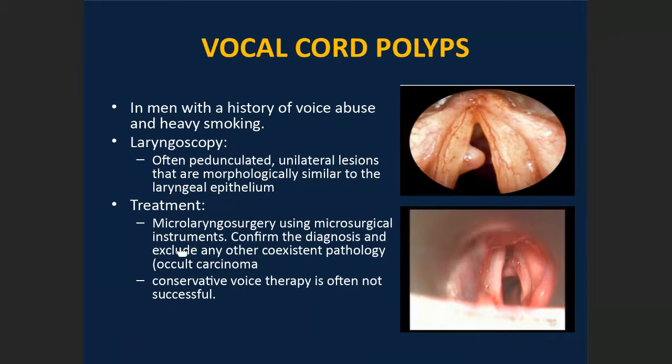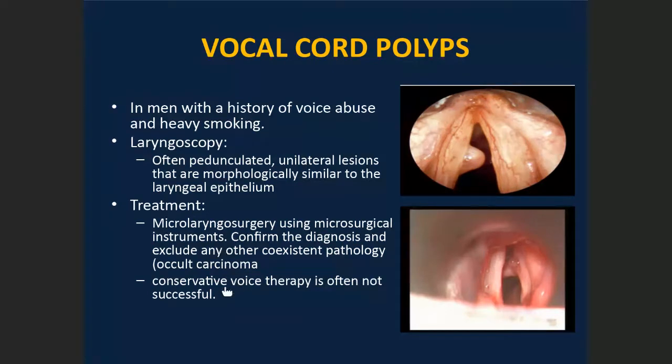Treatment: speech therapy is often not successful, although you can send the patient to voice therapy. The main treatment is microlaryngeal surgery using instruments to excise the polyp. So the management is the same as for the focal cord nodule, but the priority is different.